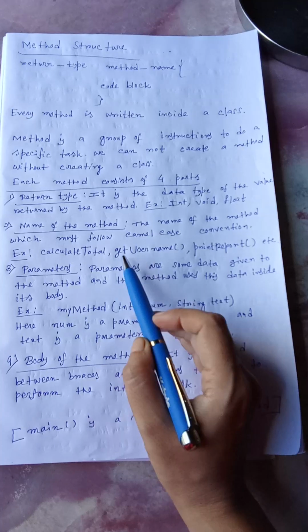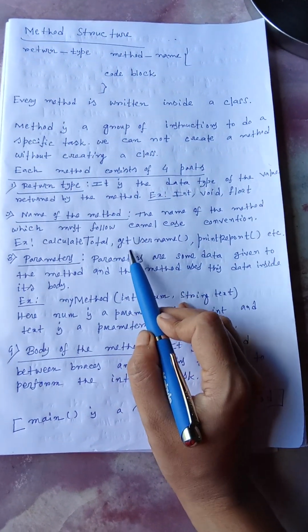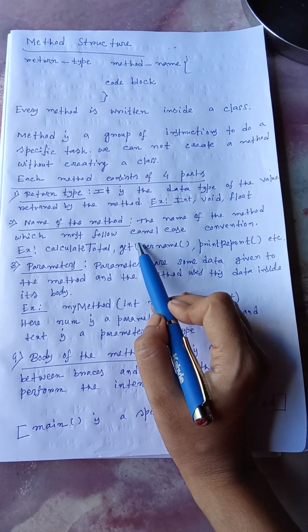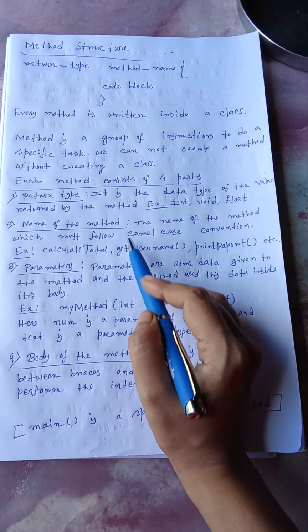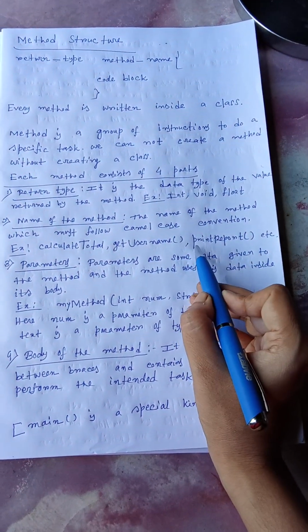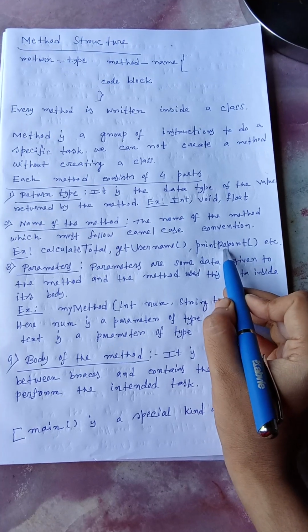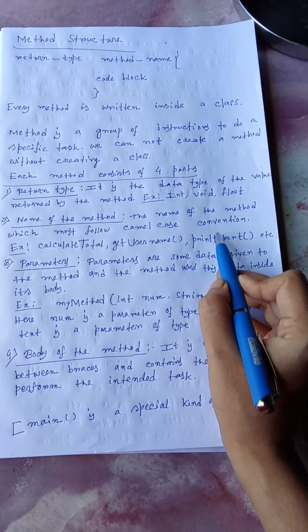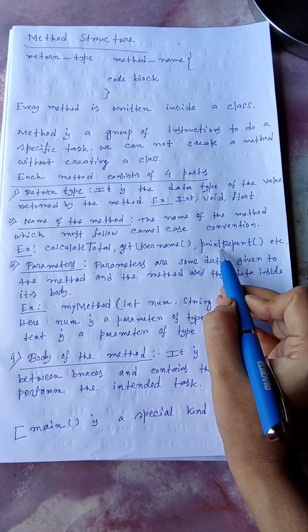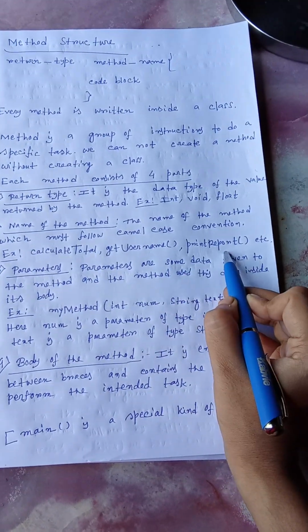Similarly, getUsername. Here get is entirely written in lower case, but when we are using user, the first letter U is starting with uppercase. Similarly, printReport. Print is entirely written in lower case, but later when report is starting, only the starting letter should be uppercase and the rest is lowercase.